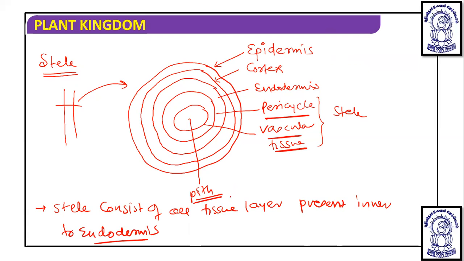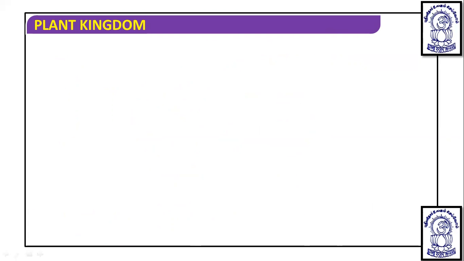So pith is also a part of the stele. These three combinedly form the stele. I am writing this pith here so you can understand it better. Centrally the pith is located here. These three combinedly form a stele. Now this is of various types.